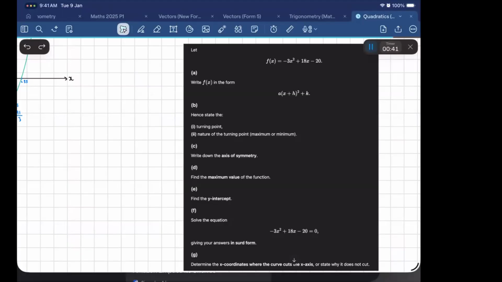Right, so after the time is up, you'll have 40 seconds remaining. Send me a picture of what you have so far. All right, so the time is up. Send me a picture of what you have so far.